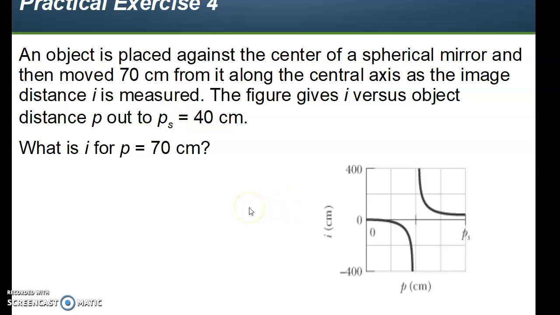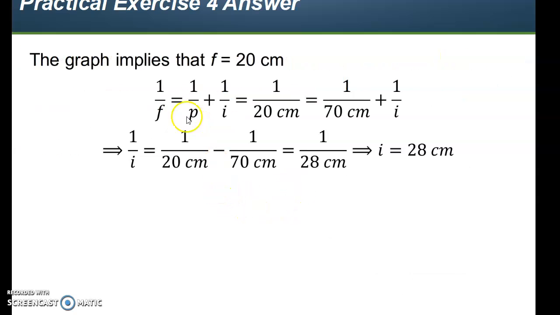You determine that, then utilize that in this equation right here, same one we had, 1 over p, 1 over i. So this right here we determined was 20, so this is 1 over 20 centimeters equals 1 over 70 plus 1 over i. So this means that 1 over i is going to be 1 over 20 minus 1 over 70.